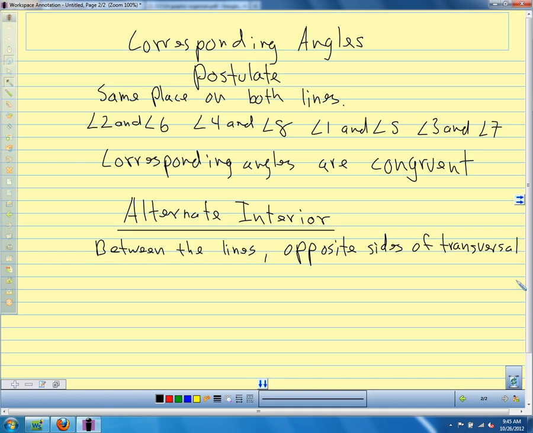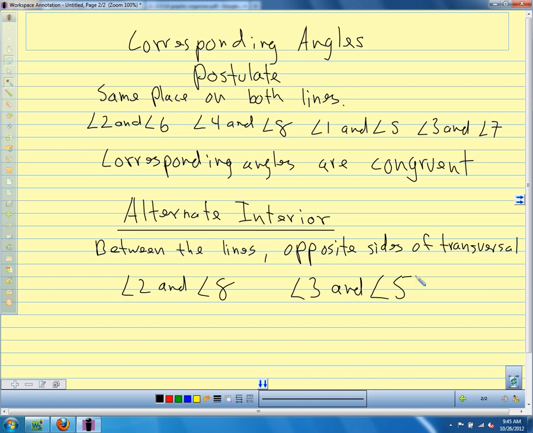The alternate interior angles on this graphic organizer are angles 2 and angle 8. If we look at angle 2 and angle 8, they're between the parallel lines, but they're on opposite sides of the transversal. And angle 3 and angle 5 are also alternate interior angles.